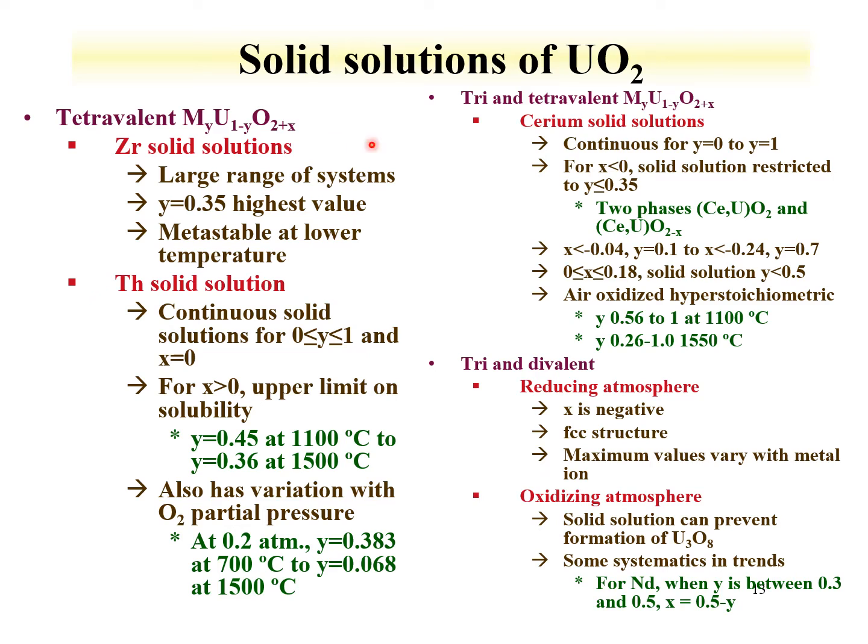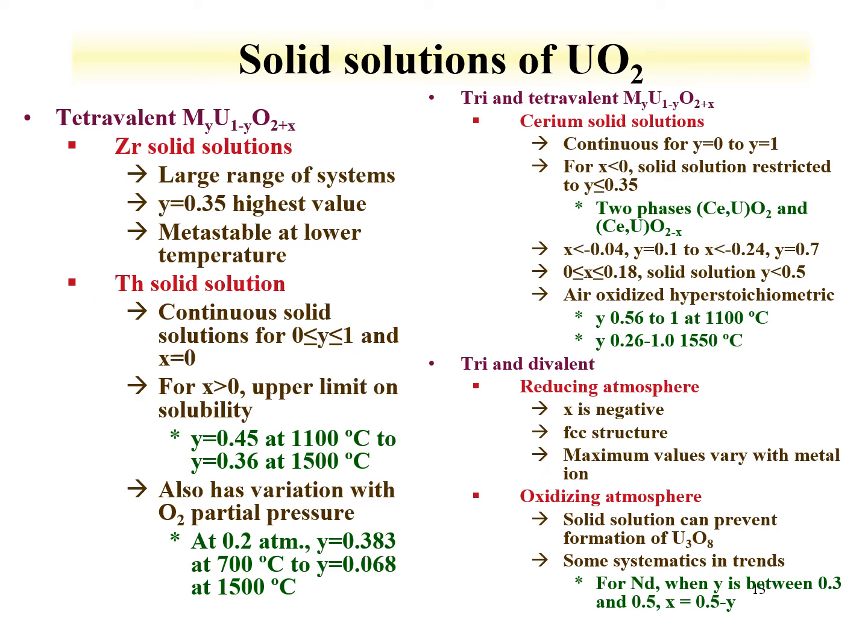And here's an example of compounds that make solid solutions with UO2. Zirconium, for instance, makes a solid solution up to a certain level of zirconium, after which, when more zirconium is added, it forms a separate phase. This is due to the fact that zirconium has a much smaller ionic radius, so when you start adding enough in, it no longer fits comfortably into the uranium dioxide lattice and forms its own.